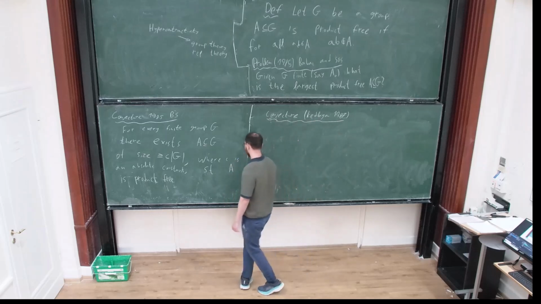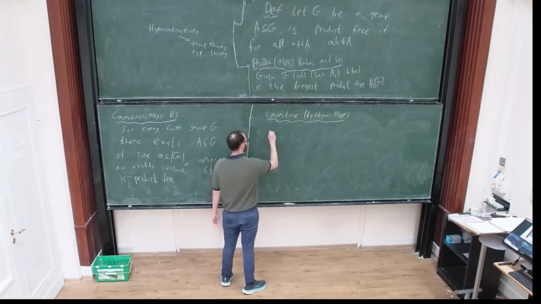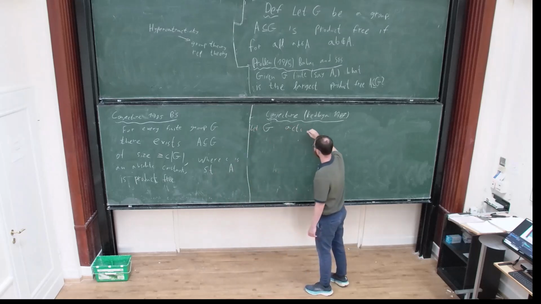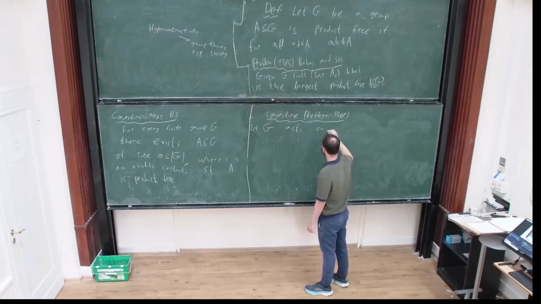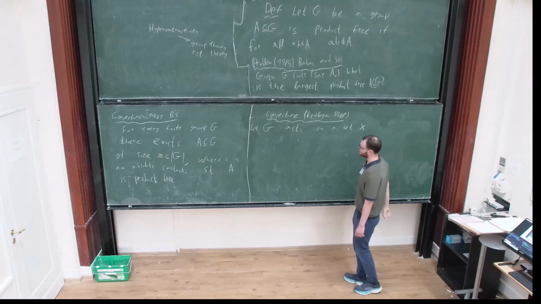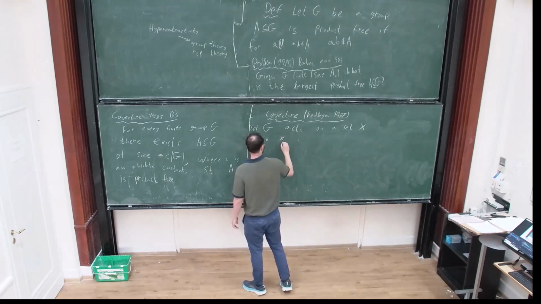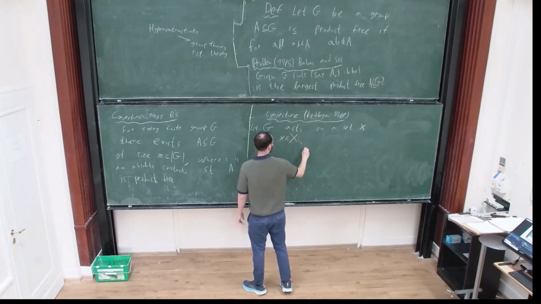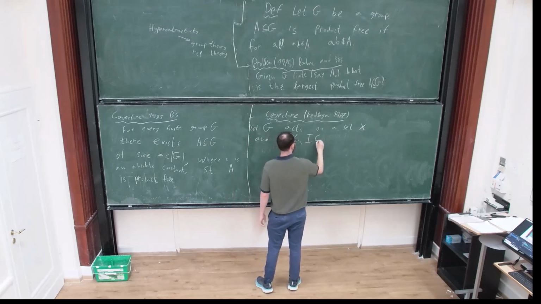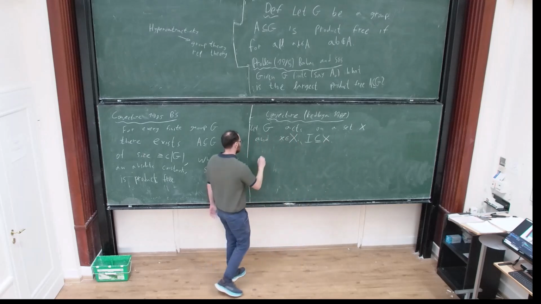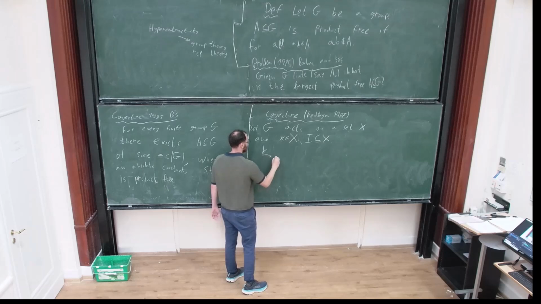So he gave the following construction. Suppose that you have a group G that acts on a set X. And suppose that you have an element x in X and a set I contained in X. Then you get the following construction.